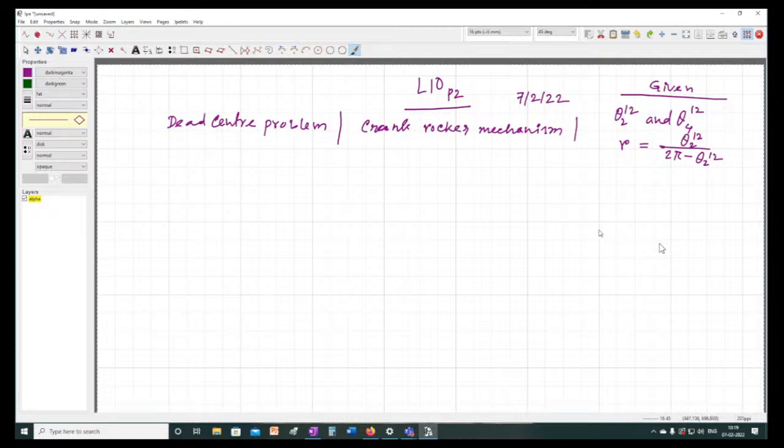And from the algebra, we can find out this theta 2 12, which is equal to 2 pi r divided by 1 plus r. So if the r is specified, from that r you can find out this theta 2 12. And the two extreme positions in this case for the 4R linkage mechanism.